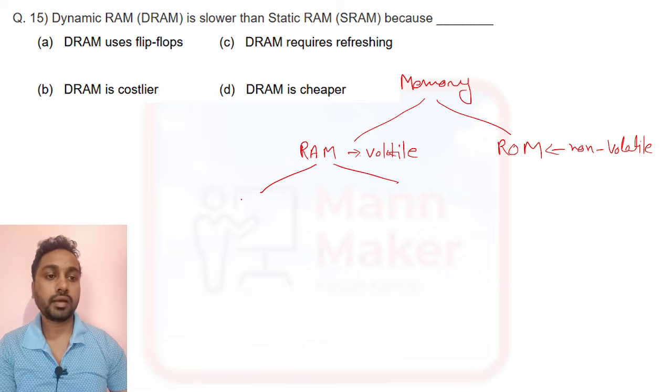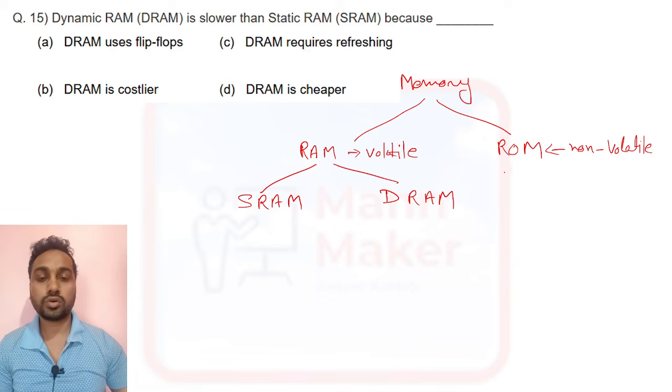Further, RAM has two types: SRAM, static RAM, and DRAM, dynamic RAM. RAM is random access memory. ROM is read-only memory. In SRAM, it uses flip-flops to store.